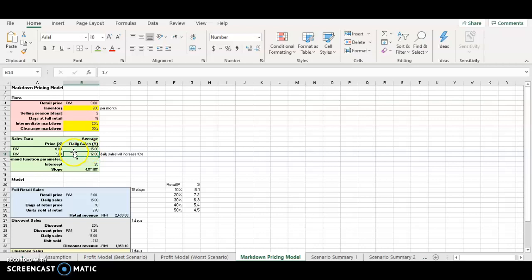For the average daily sales, the usual one is only 15 units. This is the intercept, which is 25, and the slope is -1.